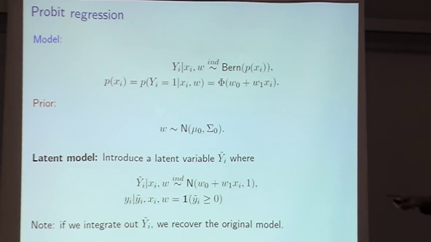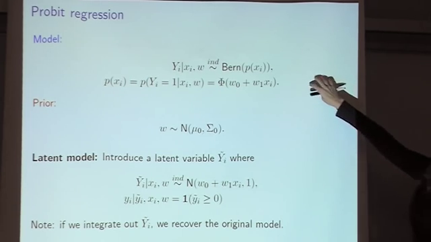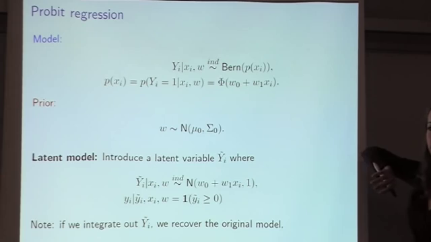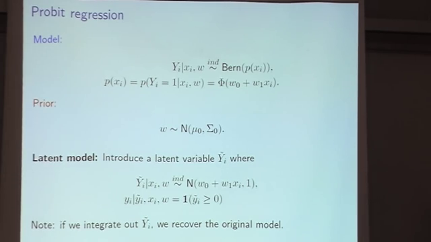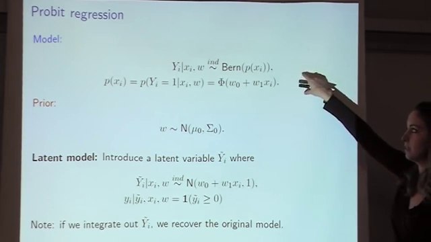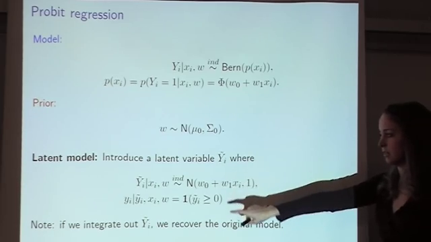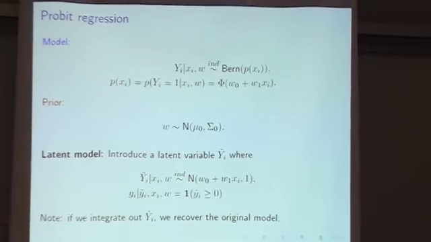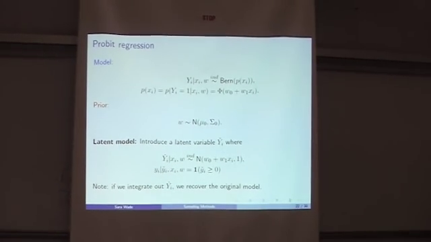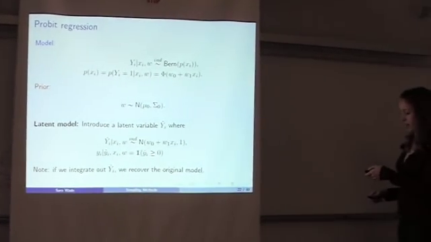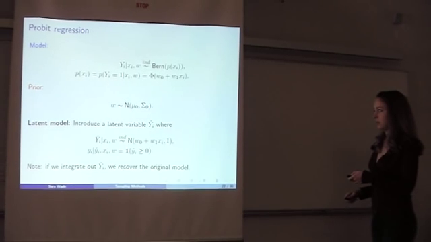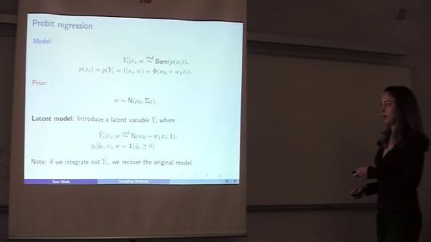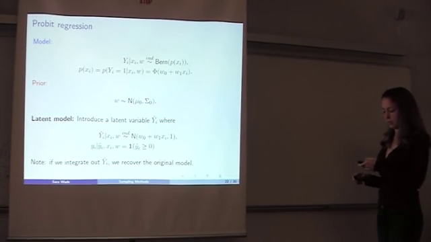Then if we integrate out yi tilde, we recover our original model here. So this is just representing this model by introducing this latent variable yi tilde. And this latent variable yi tilde will be the key for the Gibbs sampling algorithm that we'll see on the next slide.